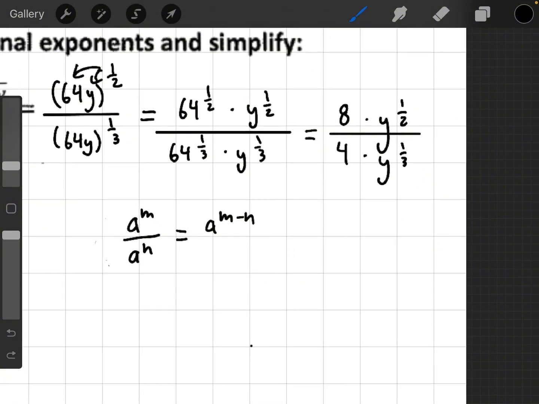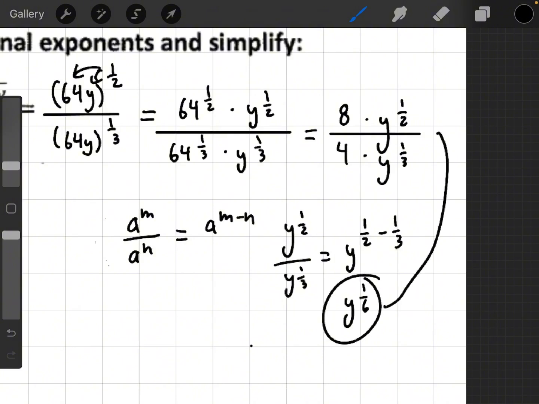We can switch out the variables. So y to the power of 1/2 over y to the power of 1/3 is equal to y to the power of m, which is the top term, 1/2 minus 1/3. 1/2 minus 1/3 simplifies to 1/6. So y to the power of 1/6.